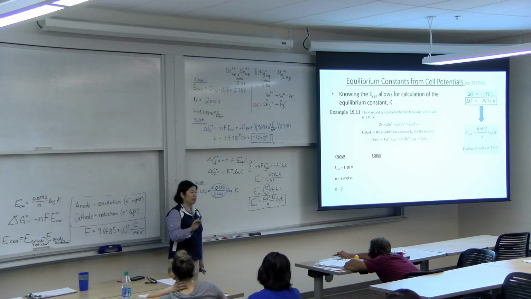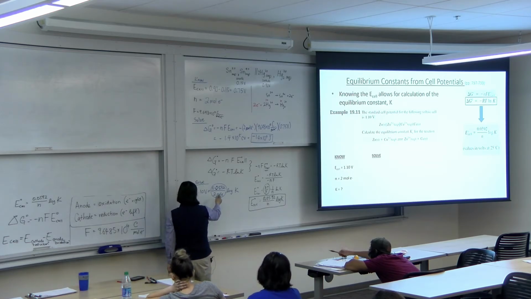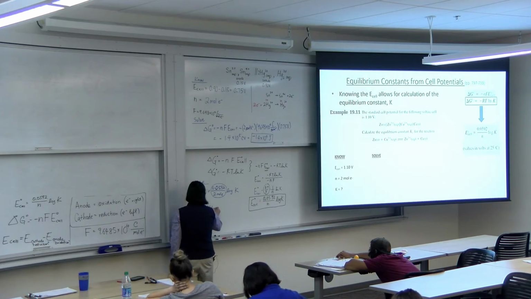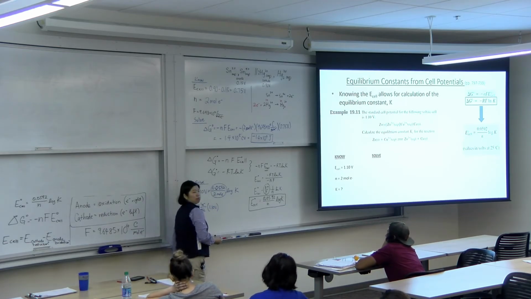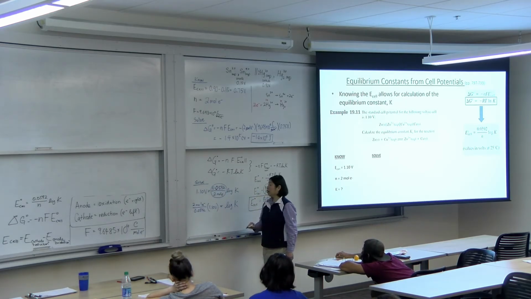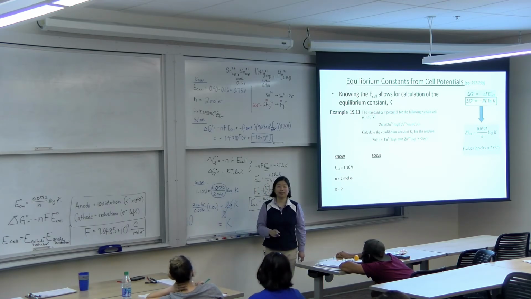So yes, we're going to multiply by the reciprocal to get rid of this. So we're going to go 2 moles of electrons divided by 0.0592 times 1.10 volts equals log of K. Then we raise the whole thing to a power of 10. This cancels out our log, so K is equal to this whole thing. I think that's what she was trying to say.